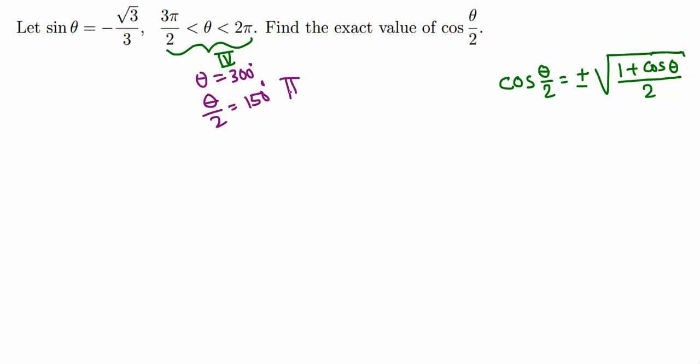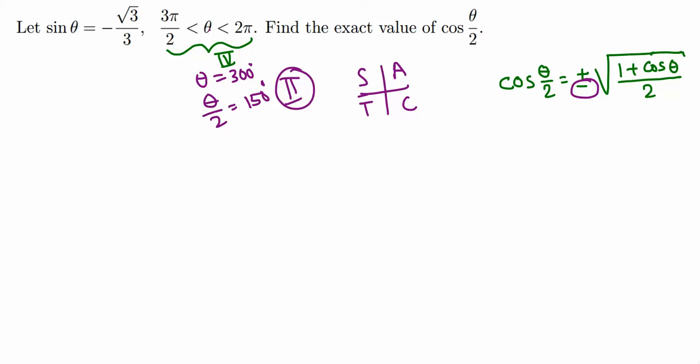So that will be in the second quadrant. So cosine theta over 2 is in the second quadrant, and we know from the quadrant rule ASTC, in the second quadrant only sine is positive, so cosine will be negative, so we'll choose the negative sign.